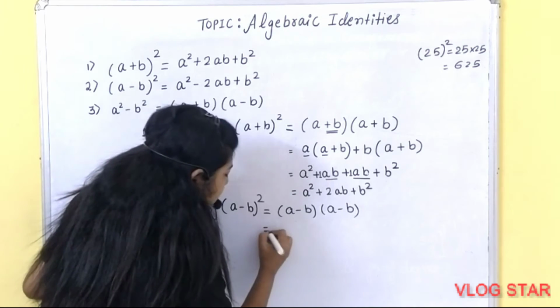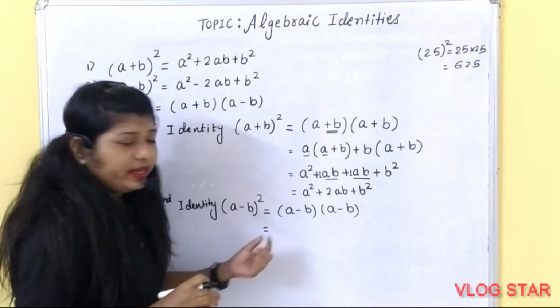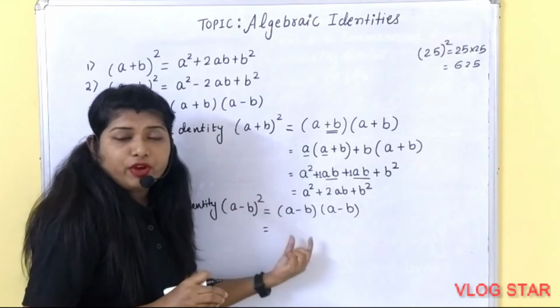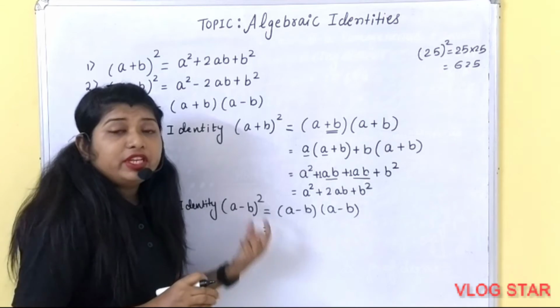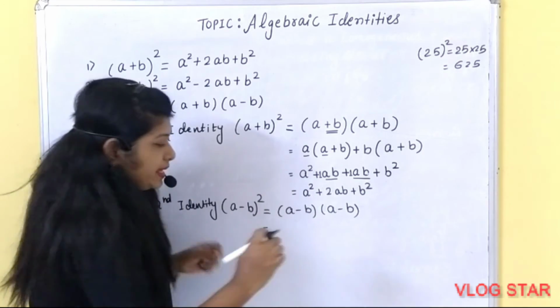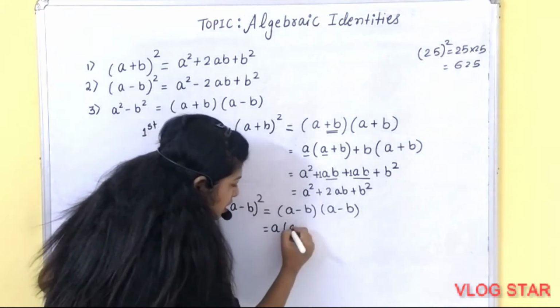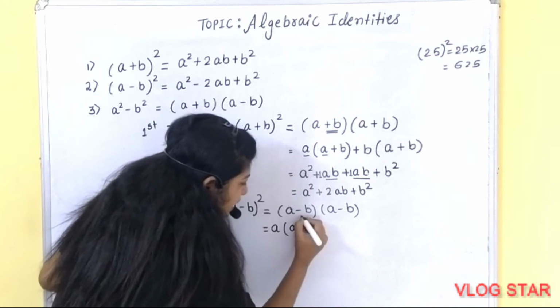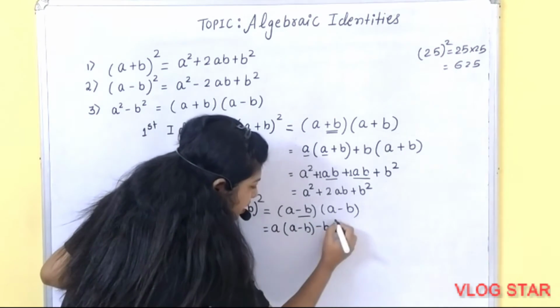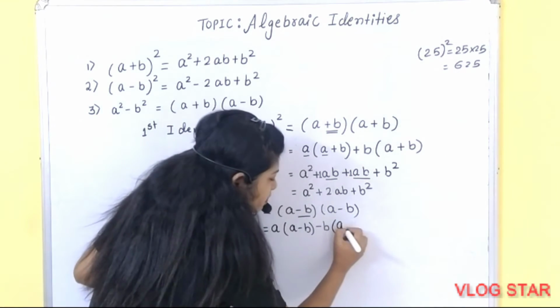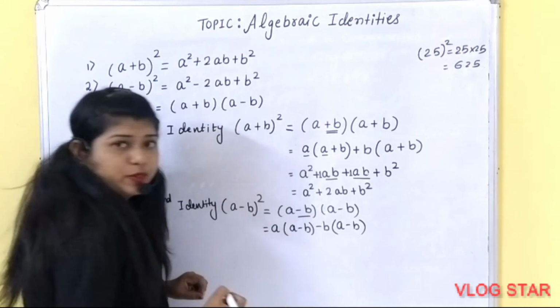What would be the next step? We need to consider each term from the first bracket and multiply it with the second bracket. So first term a into the second bracket. Then what is left out? What is remaining? Minus b into (a − b).